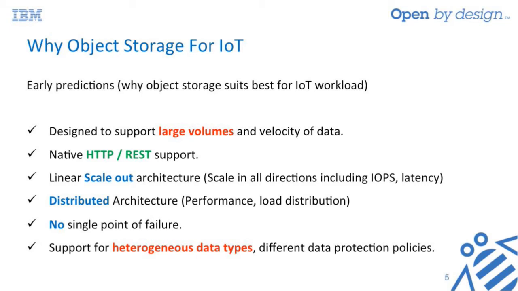It comes natively with HTTP and REST support. It's designed as a linear scale-out architecture and as a distributed architecture. There's also no single point of failure. And it supports heterogeneous data types. So based on those factors, people think that object will naturally fit for IoT.